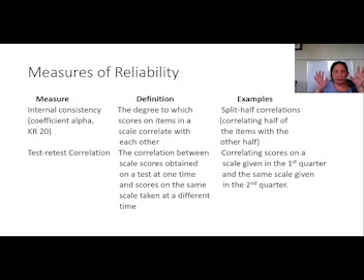Ang measure natin, binanggit ko kanina, of internal consistency are coefficient alpha and KR20. Ano ang definition niyan? The definition is the degree. If we use that, then we will get the degree to which the scores on items in a scale correlate with each other. Kaya nga internal consistency.